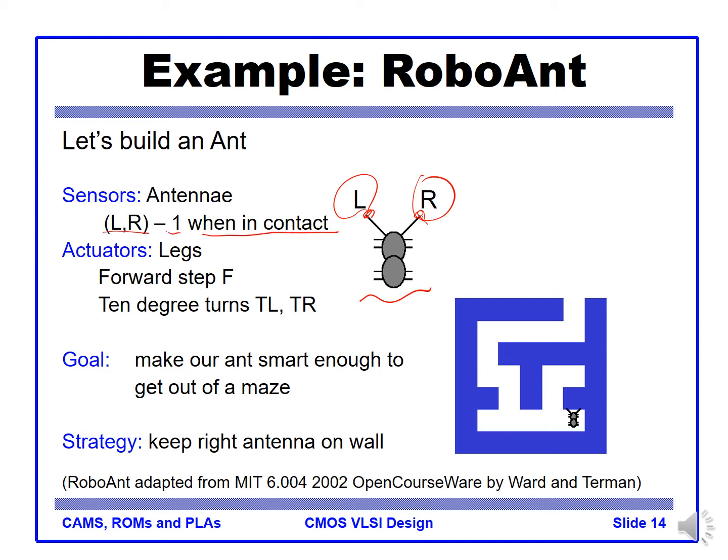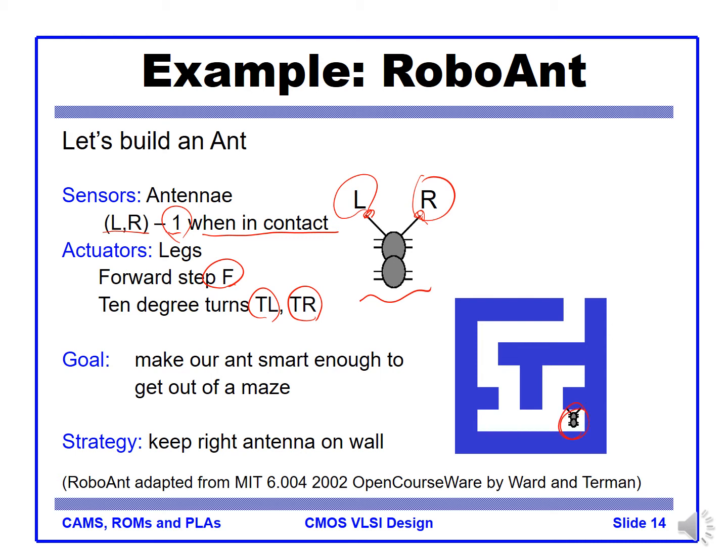When in contact with the wall, it will assert T1. The actuator is the legs, so the legs will move forward, turn left, or turn right. These are the functions we have for the output. Our goal is to get out of this maze.